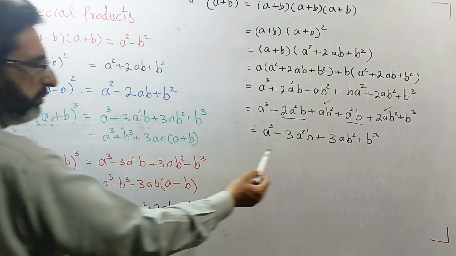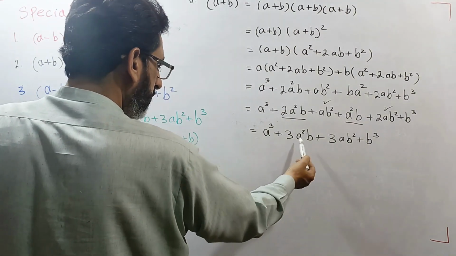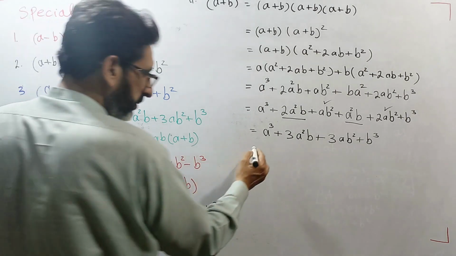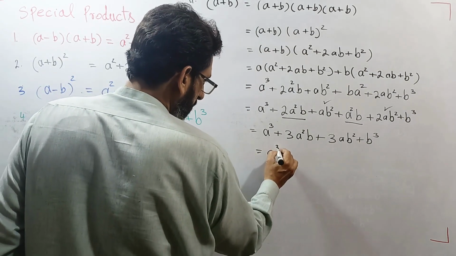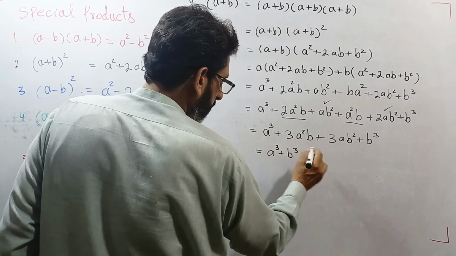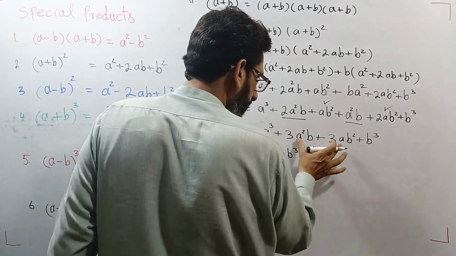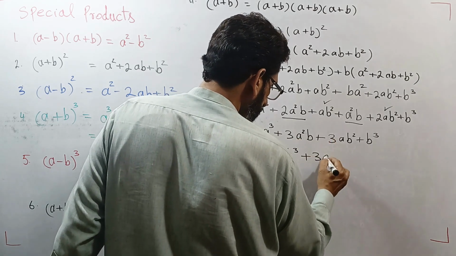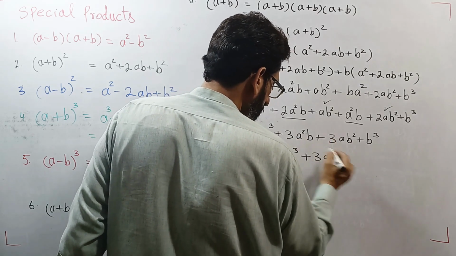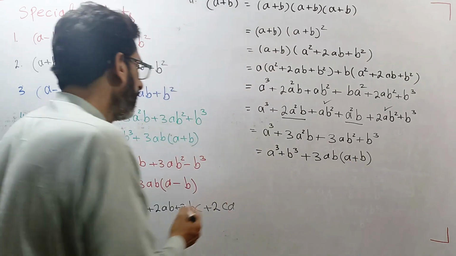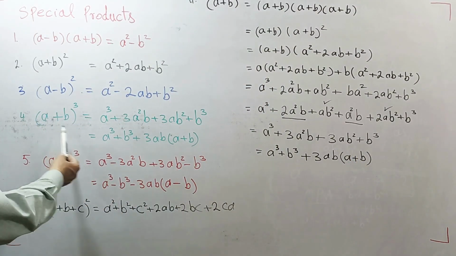And if we take 3ab common from these two terms, we will write in this format: a cube, we write here this term, and taking 3ab common from these two terms, we get 3ab into a plus b. This is our formula number 4.